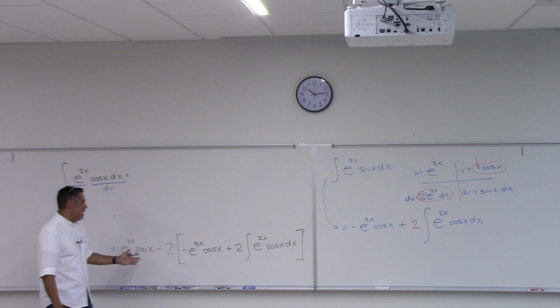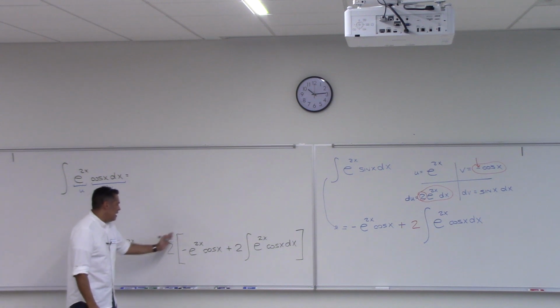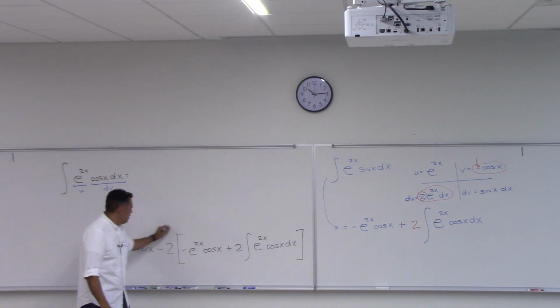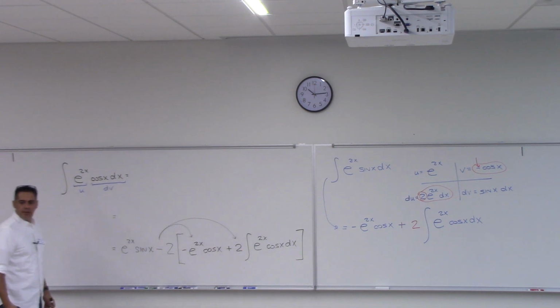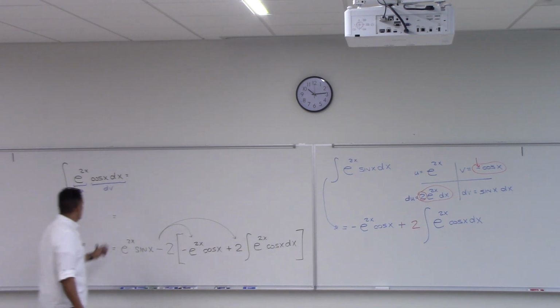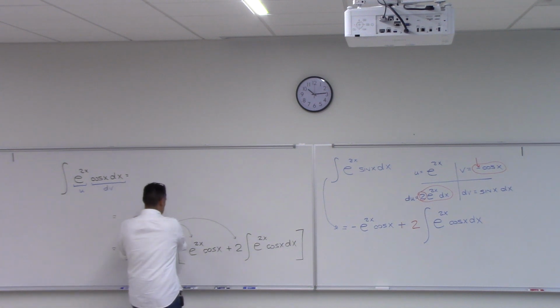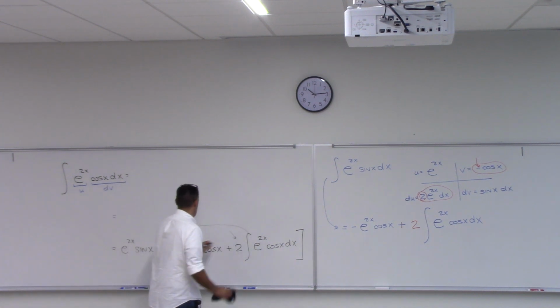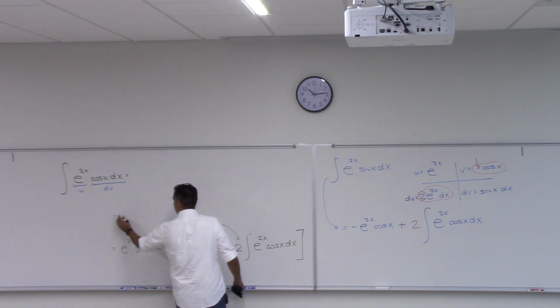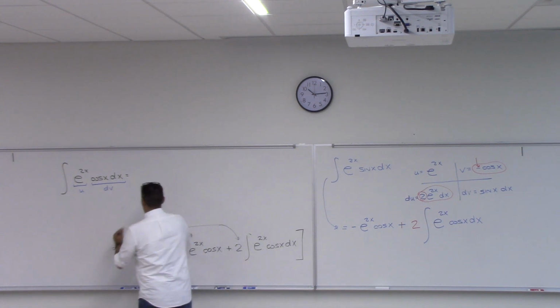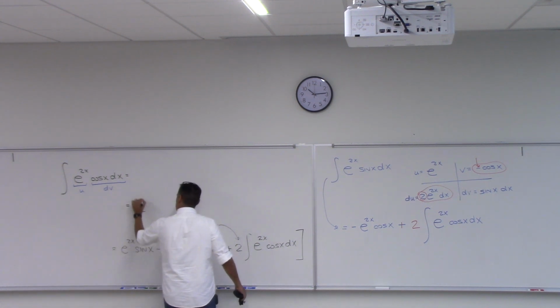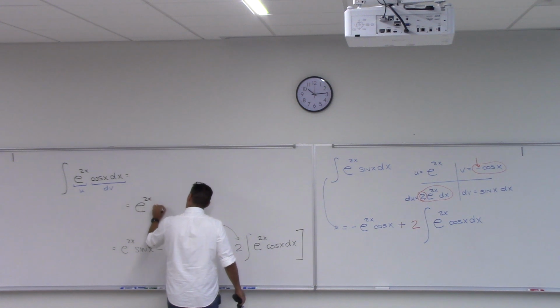Equals, okay, I'm going to go ahead and distribute the negative 2 through. So it's going to go here, and it's going to hit that 2 in front. And that's it. So let's do that. So we'll have e to the 2x sine x.